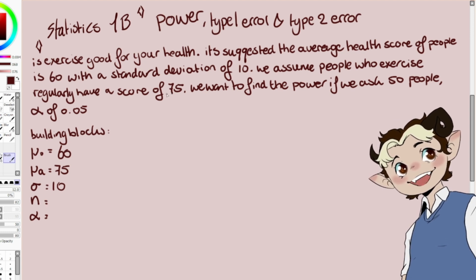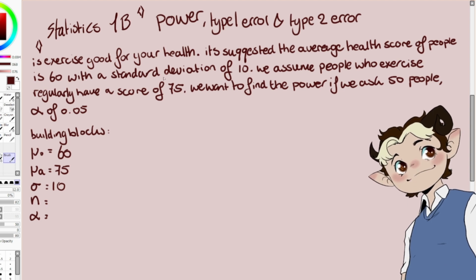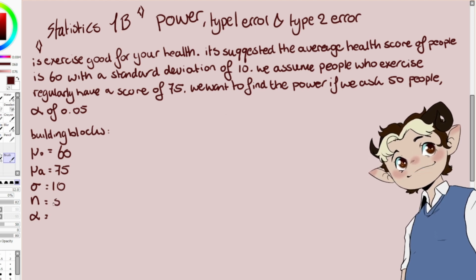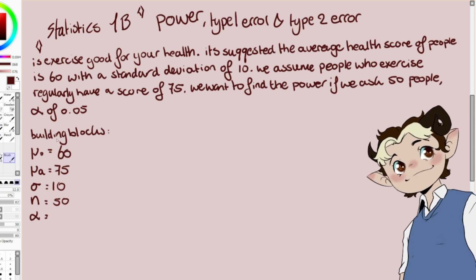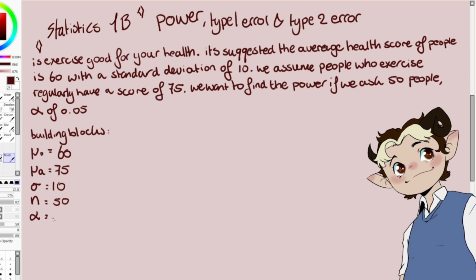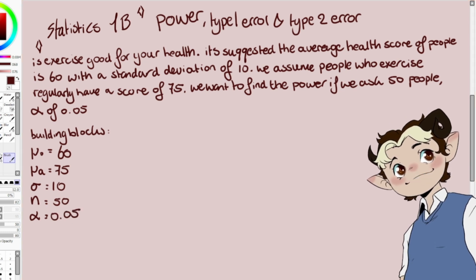We could use 65. We could use 50. We can choose whatever. Then we're going to look at our n. We want to ask 50 people. So if we ask 50 people, what would be the power of this example? And our alpha level is 0.05.